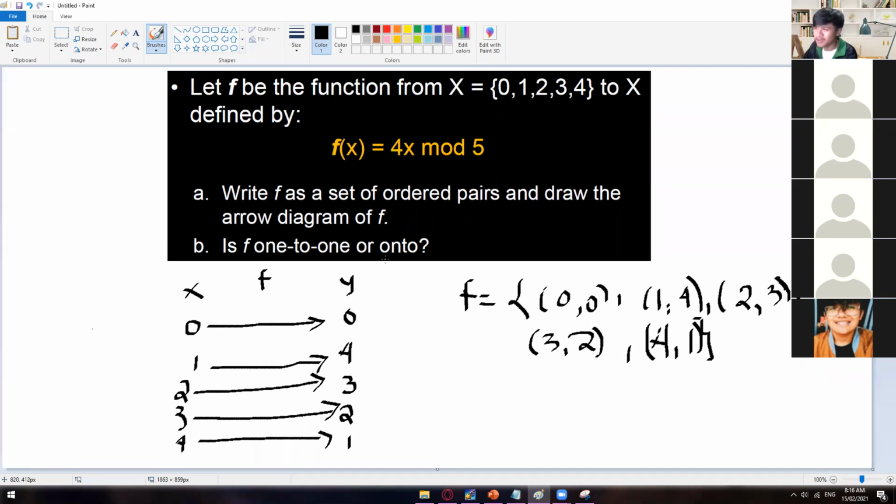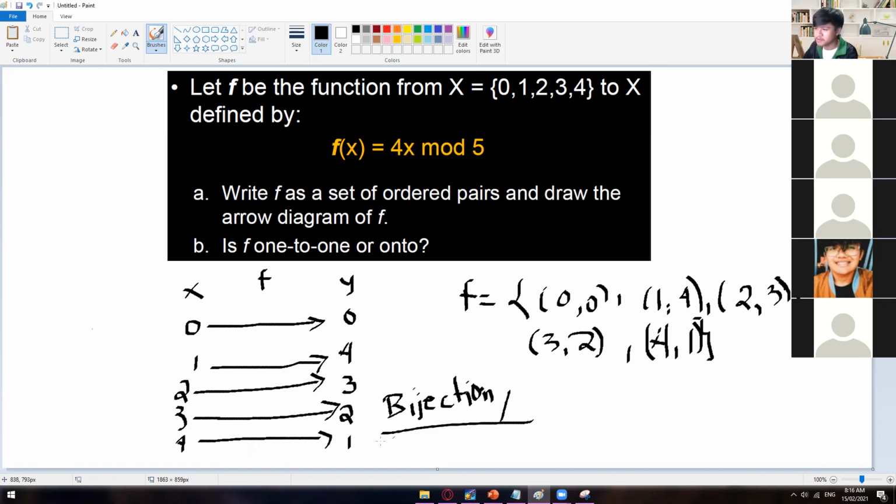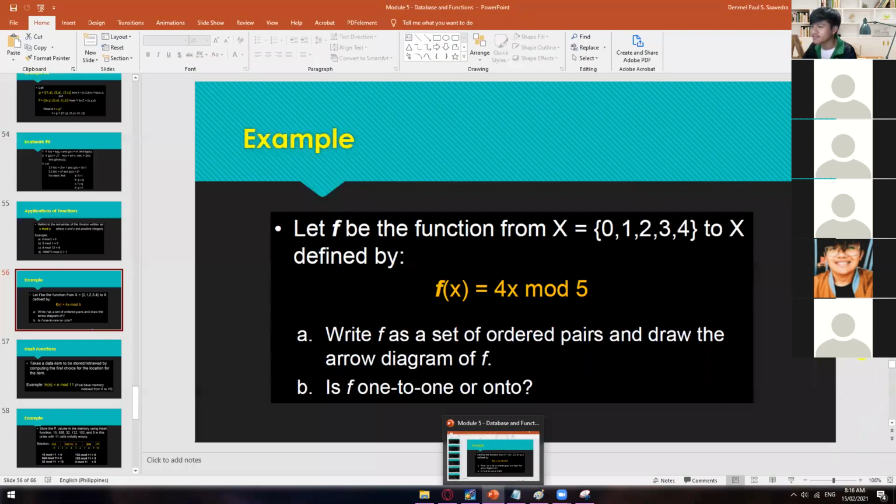If it's one-to-one and onto, we call that a bijection. So this function is a bijection. Are we clear with this one? Yes, sir. All right.